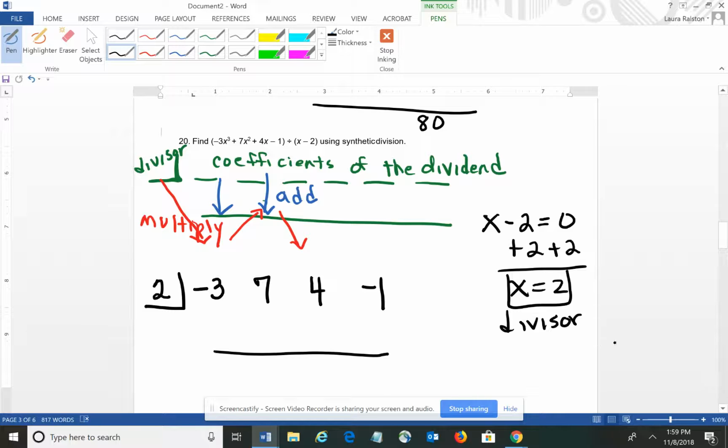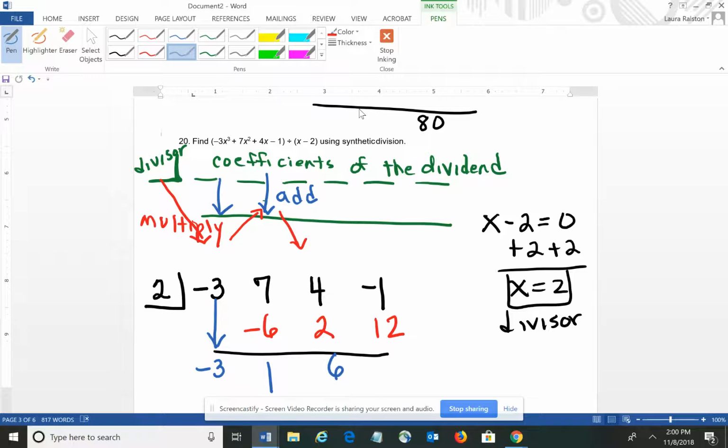So then we begin the process. We drop the negative 3 straight down below the bar. Then we multiply. 2 times negative 3 is negative 6. 7 plus negative 6 is positive 1. 1 times 2 is 2. 4 plus 2 is 6. 6 times 2 is 12.